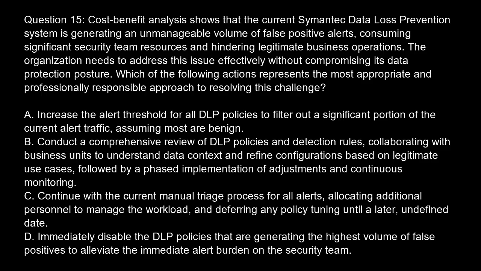Option C. Continue with the current manual triage process for all alerts, allocating additional personnel to manage the workload, and deferring any policy tuning until a later, undefined date. Option D. Immediately disable the DLP policies that are generating the highest volume of false positives to alleviate the immediate alert burden on the security team.